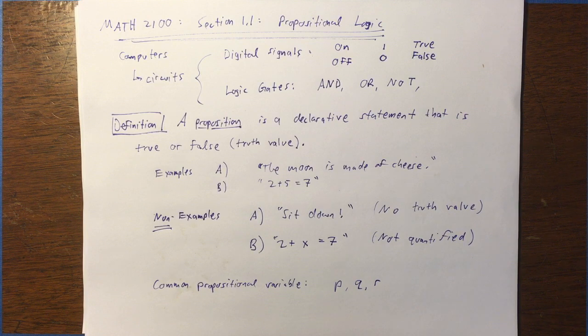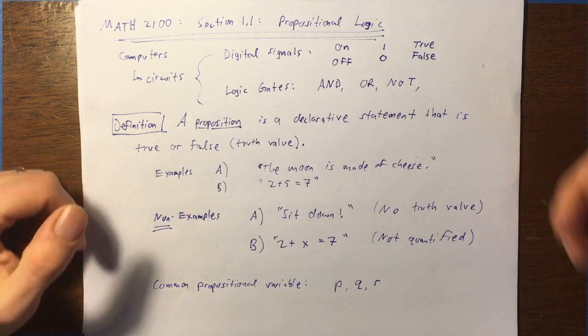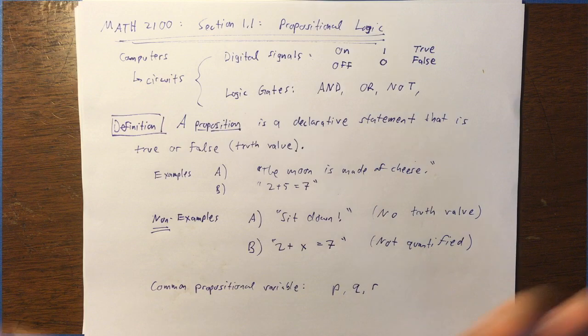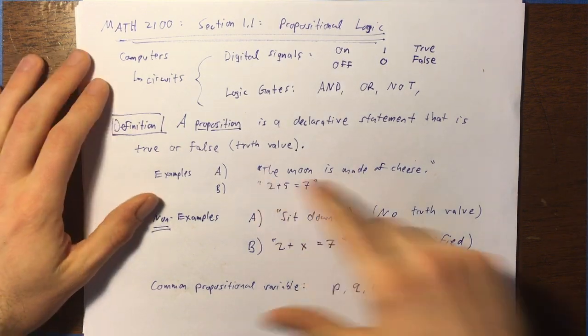In algebra class, you're used to working with X and Y, or maybe A, B, and C. We could use those letters if we want to. But in logic textbooks, you'll often see the letters P, Q, and R used to represent the propositional variables. Think of them like X, Y, and Z, or A, B, and C. They're just variables whose value is either true or false, 1 or 0. And they may be representing, or kind of like equal to, some verbal statement.